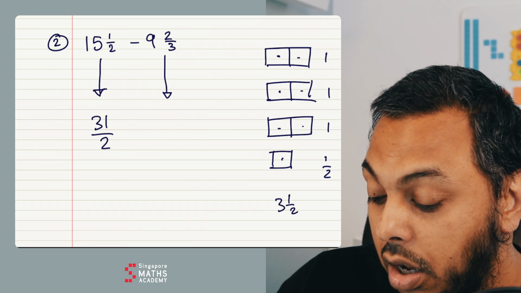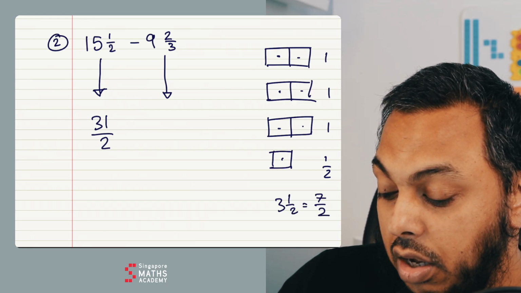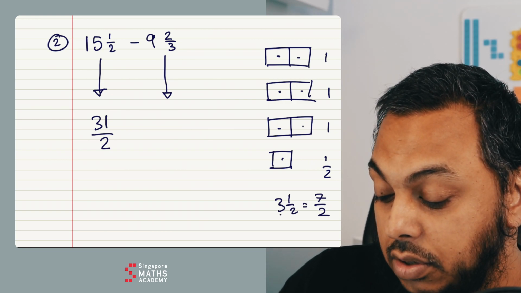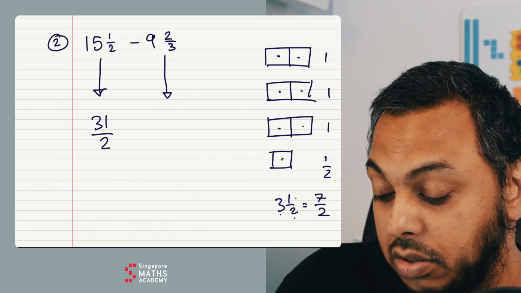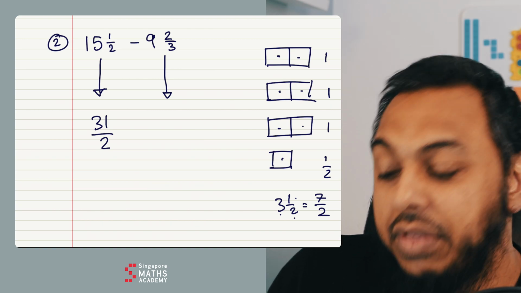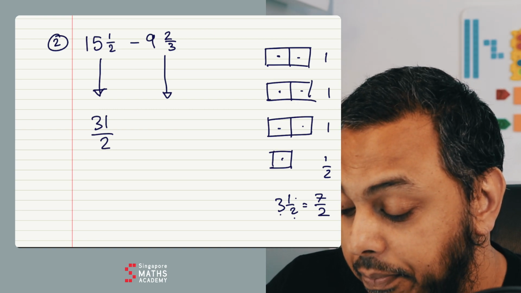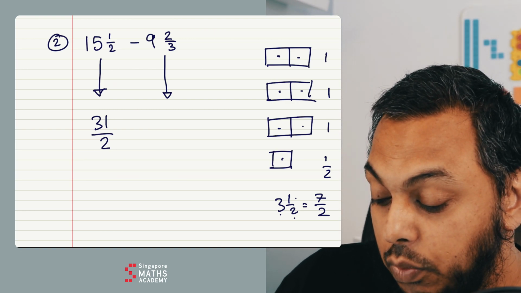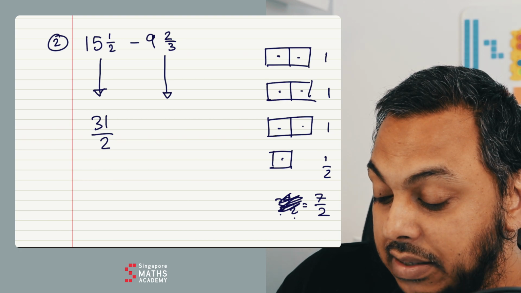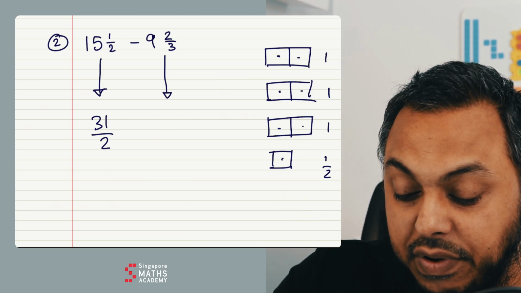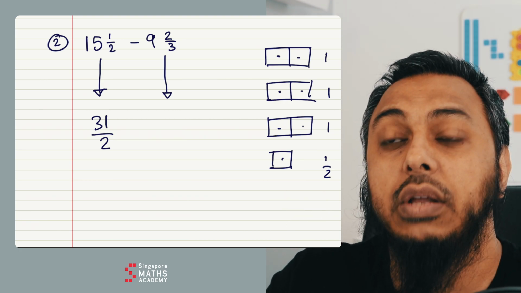So 3.5 is equal to 7 halves, right? 3 times 2 is 6 plus the 1 is 7, and that's another way of thinking about how to get a mixed number into an improper fraction. So 3.5 is 7 halves, and we can then think about the fact that 15.5 must be 31 halves.